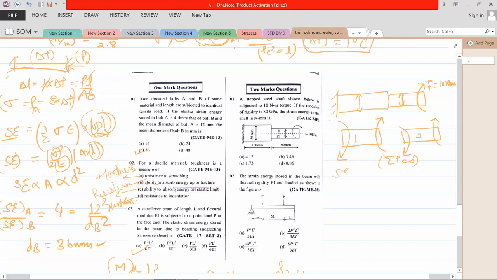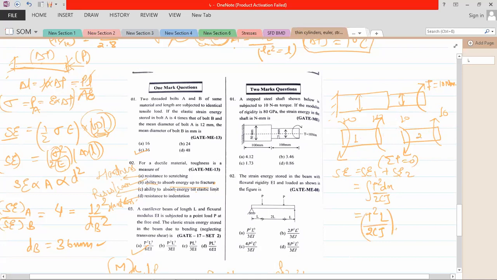Strain energy is equal to SE1 plus SE2. Now this torque is the same for everything, 10 here, 10 here. Since you know the torque, you can apply the integral of T square dx upon 2GJ, or because torque is constant along the length, you can directly write T square L upon 2GJ.